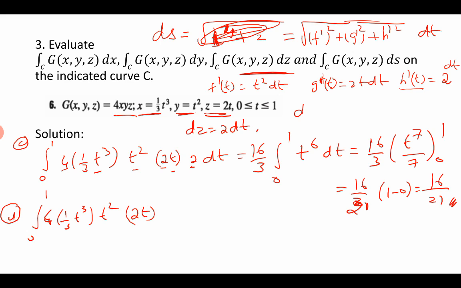So what is ds? F dash square is t raised to 4, g dash square is 4t square, h dash square is 4, all under the root, dt.